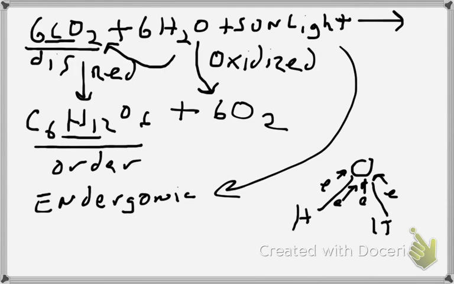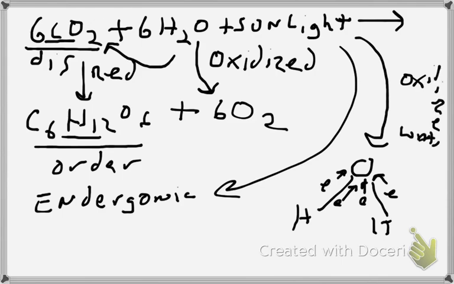So the other thing that sunlight is doing is providing the energy that the plant cell needs to oxidize water, or in other words, take those electrons from oxygen.